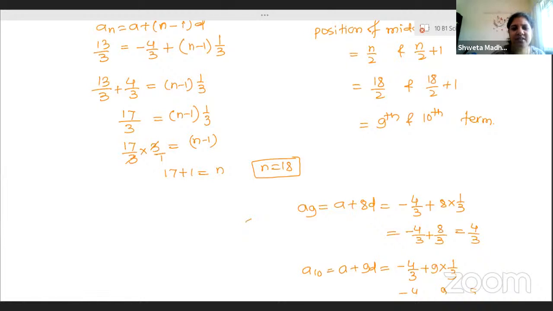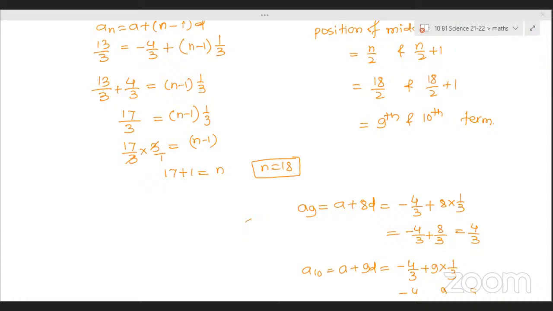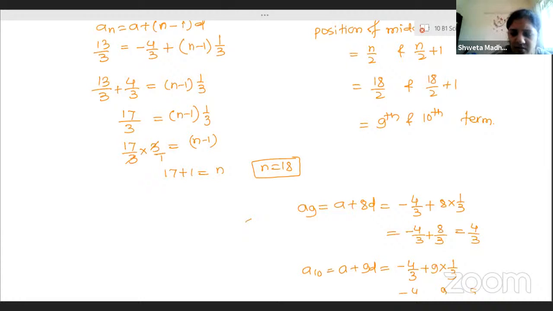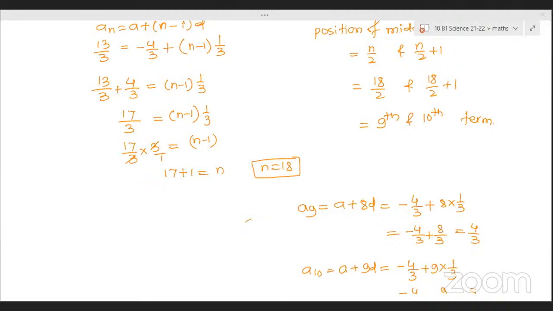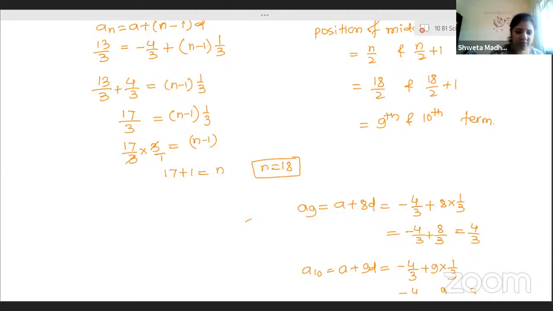We have solved here. The 25th term is twice the 10th term. Yeah, tell me what you've done here. Ma'am, so A plus 23D is equal to 2 into A plus 9D. Just a second, I will copy it.